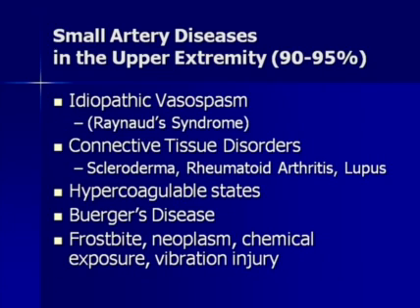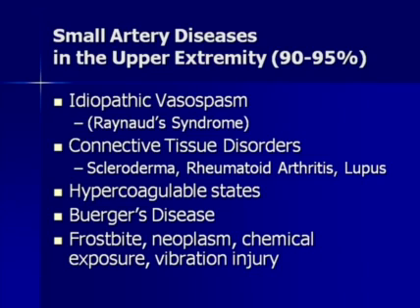Well, small vessel disease is really the bulk of what we see in the upper extremity, and that's almost 95% of the patients. The testing we do there can vary depending upon what's going on. Certainly we'll see some patients who may have vasospastic diseases, and they can be the result of true Raynaud's disease or Raynaud's phenomenon. We also see patients with connective tissue disorders such as scleroderma or lupus or rheumatoid arthritis.